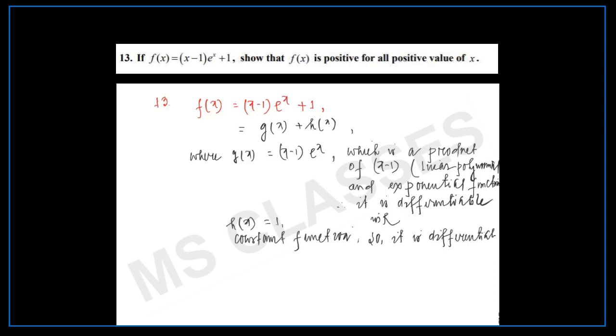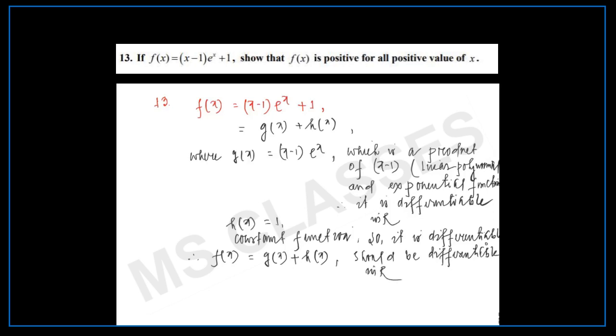Therefore, f(x), which is the sum of two differentiable functions, should be differentiable in R.